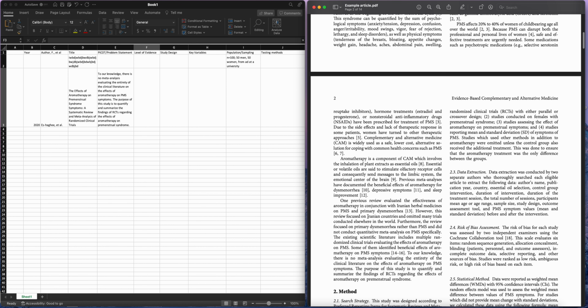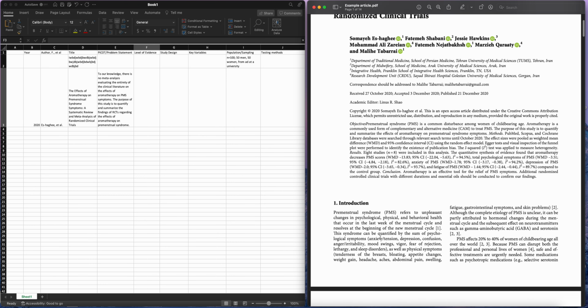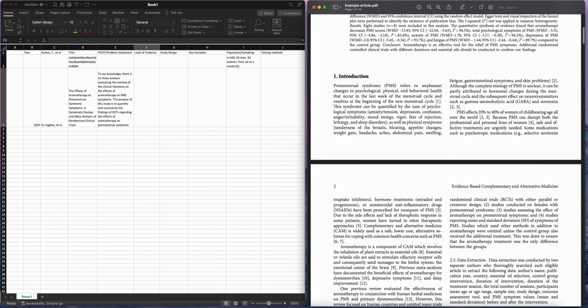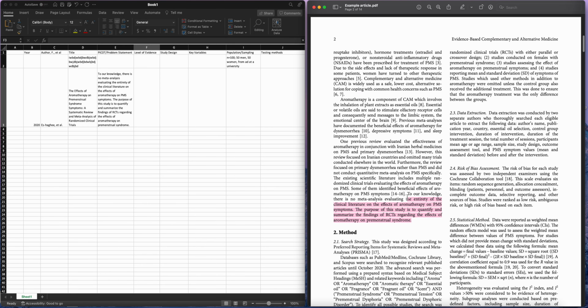Obviously, being an Iranian woman is very different from being an American woman, so I'm sure the results could be different if we were to repeat the study here. However, it's a good start if we don't have any such meta-analyses here in the US. It's an English article, so I imagine that they are contributing to an overall knowledge as opposed to Iranian-specific knowledge. But that level of evidence is going to be number 1.